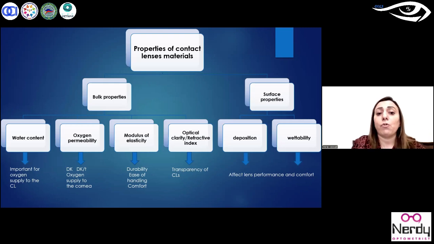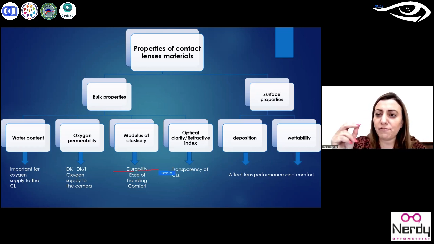Going back to the modulus, maybe you know it's related to the rigidity and stiffness of the material. So we have conventional and silicone hydrogel again. The hydrogel lenses have low modulus. The silicone hydrogel has high modulus, so they are stiffer. Modulus is very important for the durability and the ease of handling, so how to handle the lens.